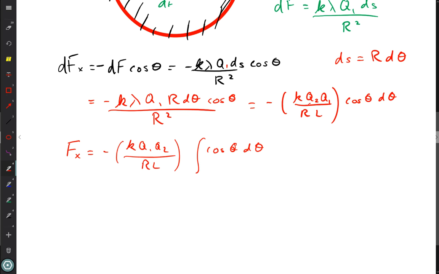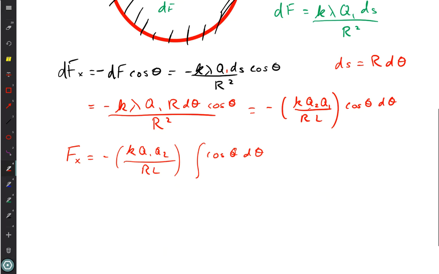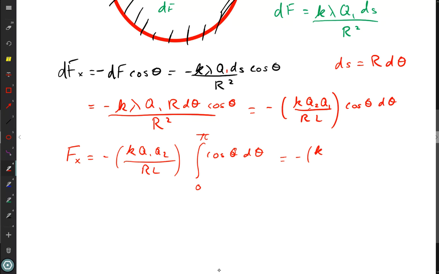And what are my limits for that integral? 0 to pi, because the way I define theta, my arc starts at theta 0 and ends at pi. So going from 0 to pi, what's the integral of cosine theta d theta? Sine theta. So this is going to be minus kQ1Q2 over RL times sine of theta final, which is pi, minus sine of theta initial, which is 0. What's that?